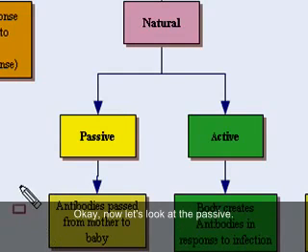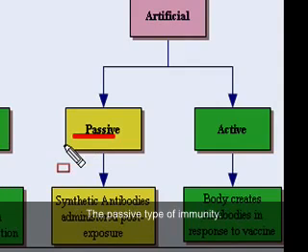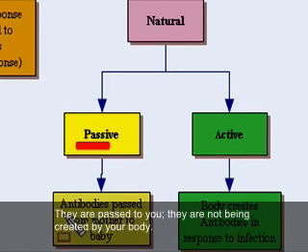Okay, now let's look at the passive type of immunity. In the passive type of immunity, antibodies are being passed to you. They are passed to you. They are not being created by your body.